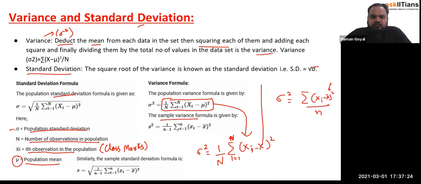For sample variance, you have to take n minus 1 in the denominator only. So have you got the formula? This is the formula for sample standard deviation, and this is the formula for sample variance. Are you getting my point? This is a very simple formula.